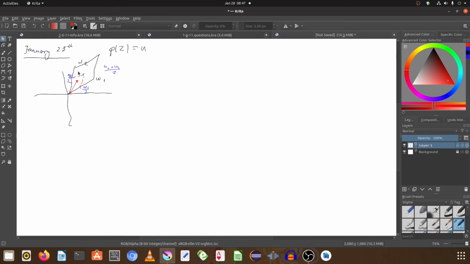So I'd like this guy to come from something in this parallelogram. But it seems that it doesn't.